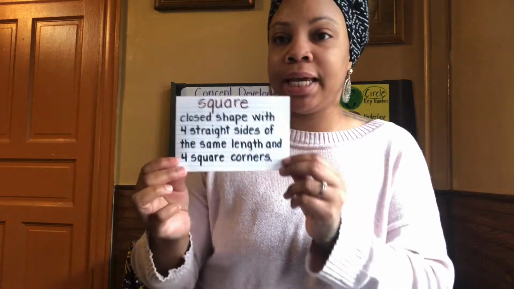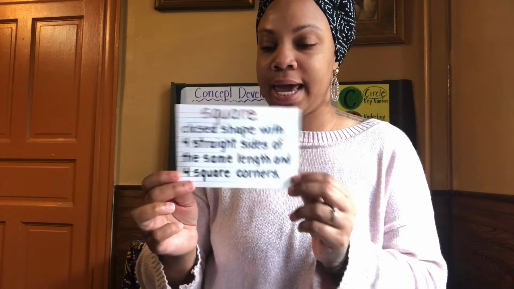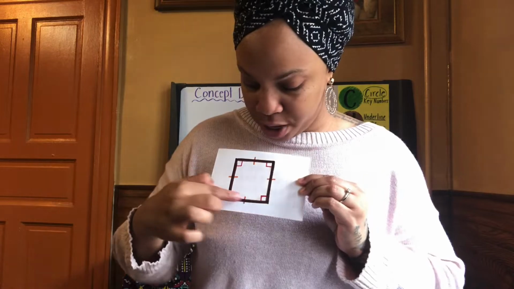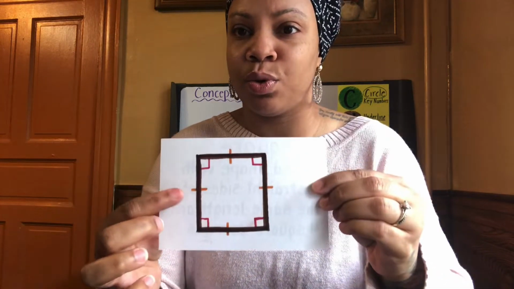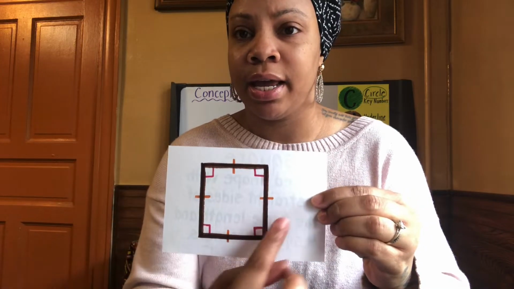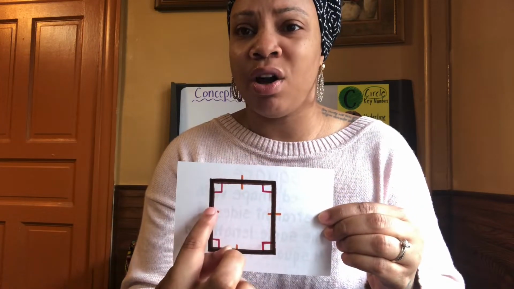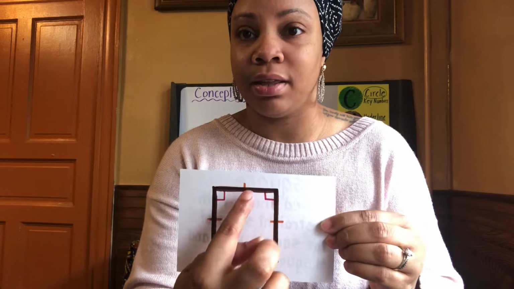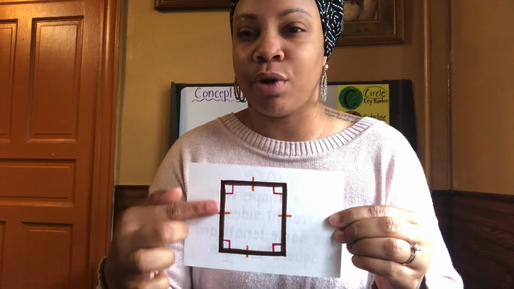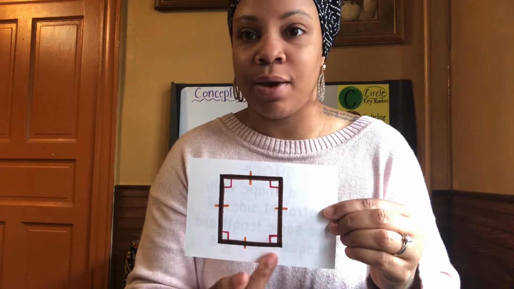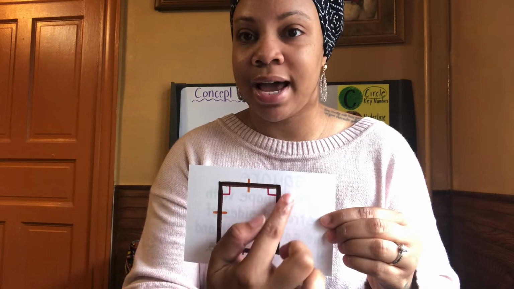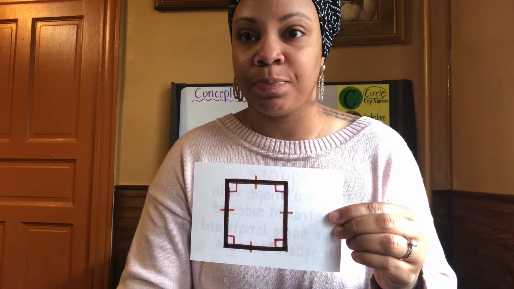But before we begin, know that a square has 4 straight sides of the same length. And these orange markings here indicate that all of these sides are the same length, right? If we measure with our ruler, if this side said 3 centimeters, then this side would say 3 centimeters. This side would say 3 centimeters, and this side would say 3 centimeters.